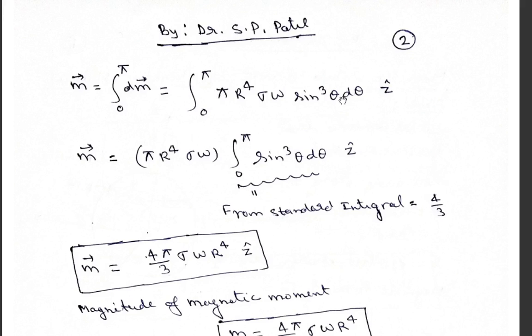Substituting the value of dm, π R⁴ σ ω sin³ θ dθ into z unit vector, the magnetic dipole moment of a rotating spherical shell will be along the z unit vector. So this magnetic dipole moment m vector will be equal to π R⁴ σ ω, which is constant so I have taken it outside, and then the integral from 0 to π of sin³ θ dθ into z unit vector.